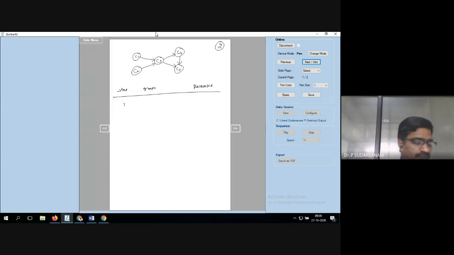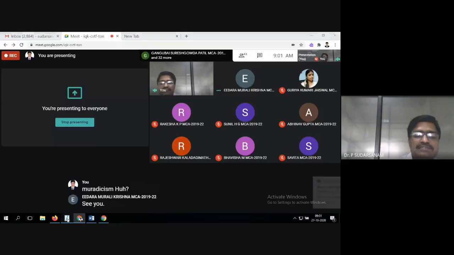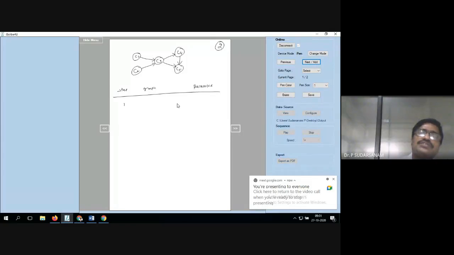Which one to start with first? The one where you don't have in-degrees. In this graph, C1 and C2 both don't have in-degrees. You can take any one in this case.